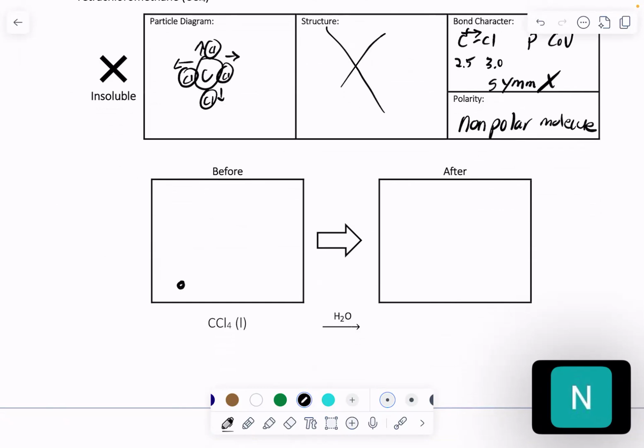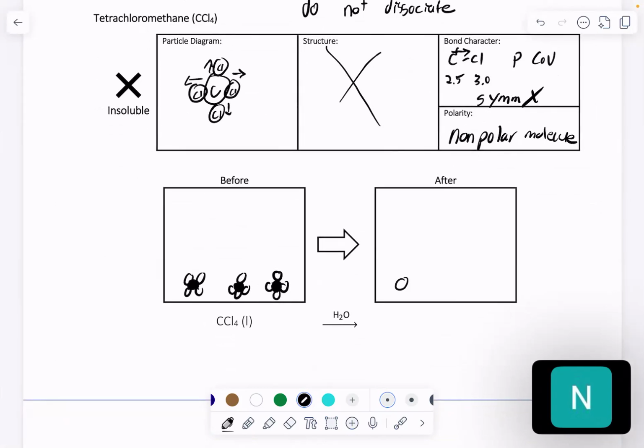Well, what does that mean? That means if we have a CCl4, I'll go ahead and draw 3 of them. There's no spot of the molecule that's more positive or more negative. So there's nothing for our water to be attracted to, which means if we put them together in the same container, the water has no reason to surround the CCl4.